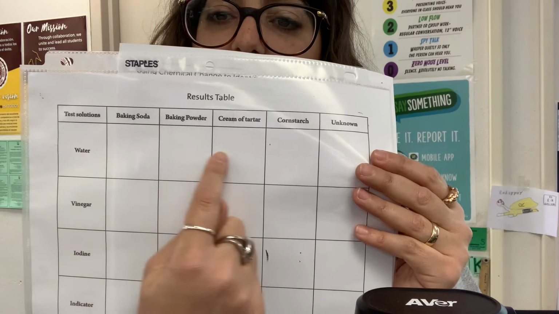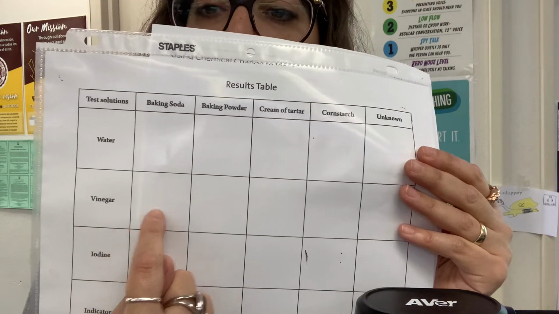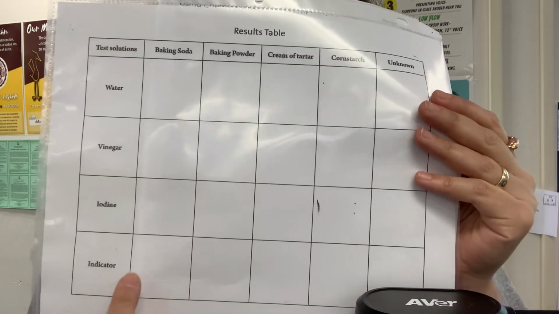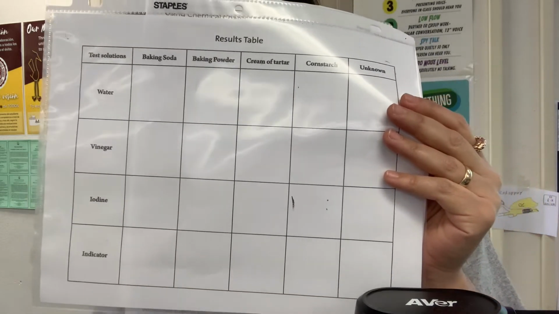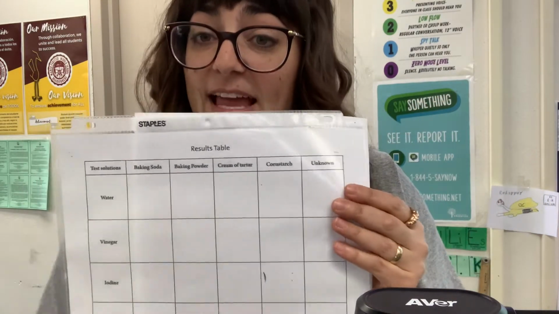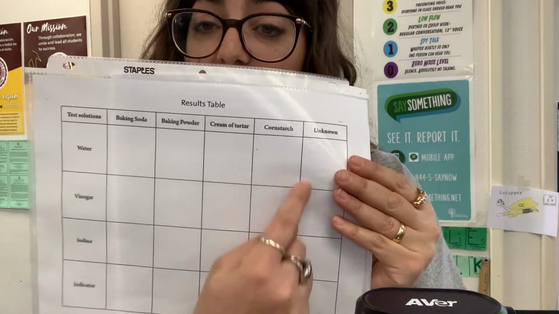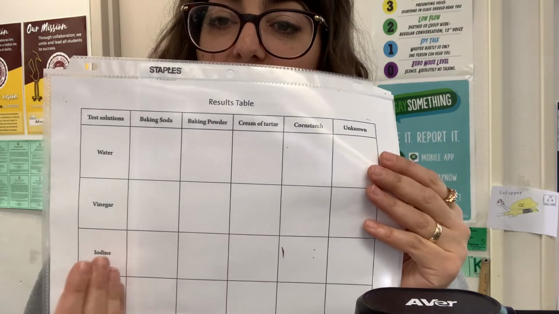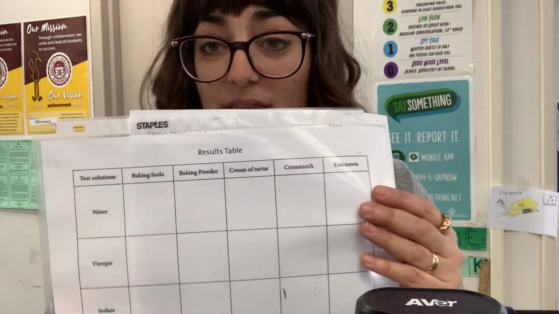And I'll be adding the liquids: water, vinegar, iodine, and indicator solution. We're going to make our observations and see if we can identify the unknown substance based on how it compares to the other substances.